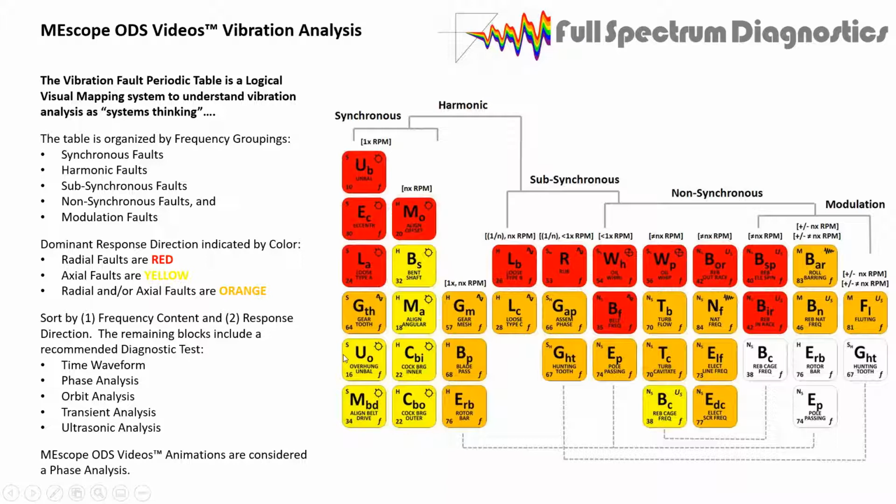And using the MEscope software, operating deflection shape, it's all about phase. Modal analysis, it's all about phase. So any project that you do, you might be able to solve it based on this table. It might be something else, a bearing defect or what have you, but something else is causing it. And these first two columns are key to understanding anything.